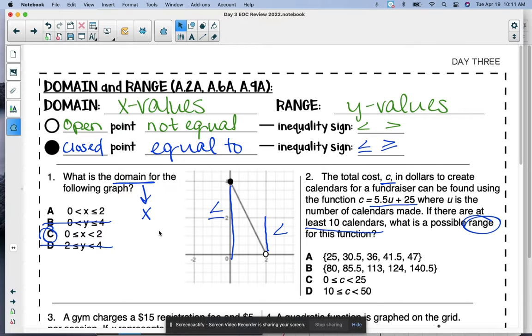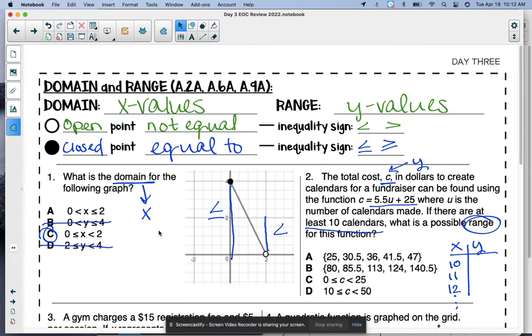So here range represents the total cost. And always, always, always, your Y value is going to be the total cost. So again, this is Y, which means the number of calendars we're selling is X. So if I draw a table, I can sell 10, 11, 12, and so on.